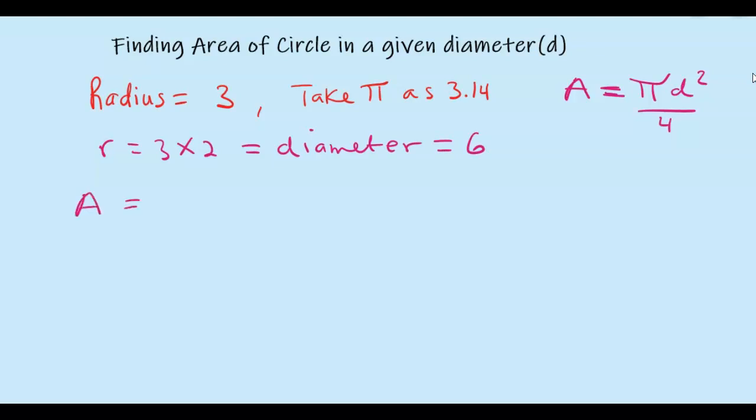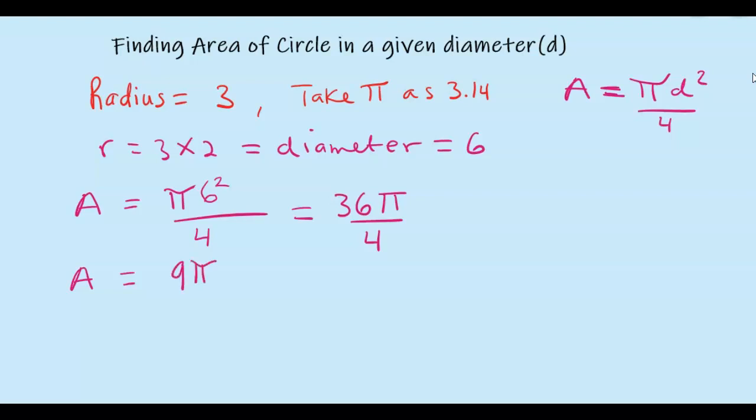Now we are substituting it into the formula. We get pi times 6 squared all over 4. 6 squared gives us 36, so we write it here, and then we have pi divided by 4. 36 divided by 4 gives us 9 pi.